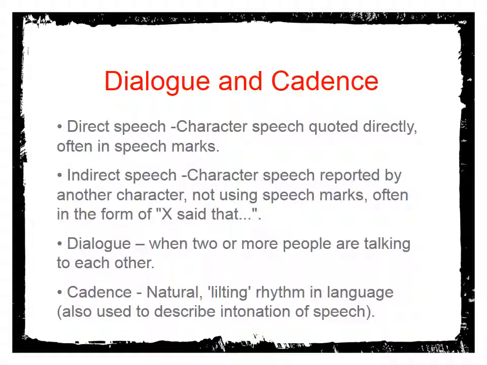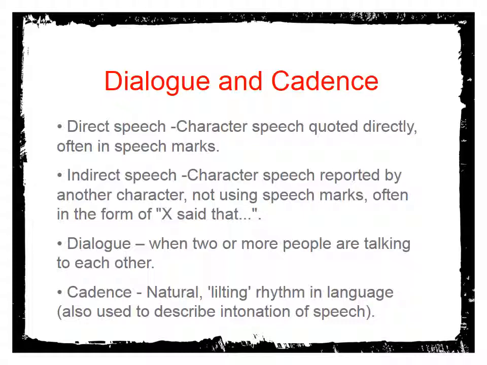That's all fairly straightforward. Cadence is probably a fairly unfamiliar term to you though. It's the natural lilting rhythm in language, or the intonation in speech. The way people would say it, what kind of rhythm is behind it. Is someone speaking in short staccato sentences, chop, chop, chop? They're using short words and really short sentences, or just using bits of sentences. Their speech is going to come across as really quick, rushed, boom, boom, boom, boom, boom.